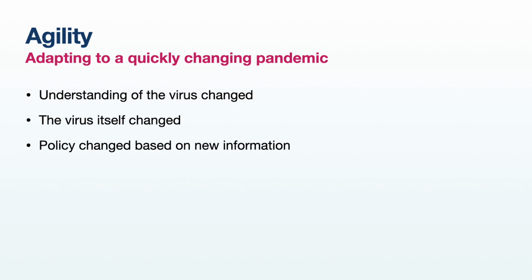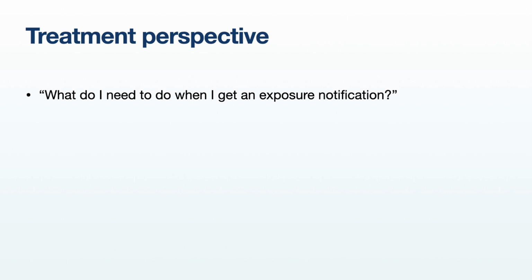And that policy was mainly reflected in something we call the treatment perspective. The treatment perspective within the app is a page that tells you, what do I need to do now that I got an exposure notification? What are the steps I need to take right now to make sure that I remain safe and that the people around me remain safe?